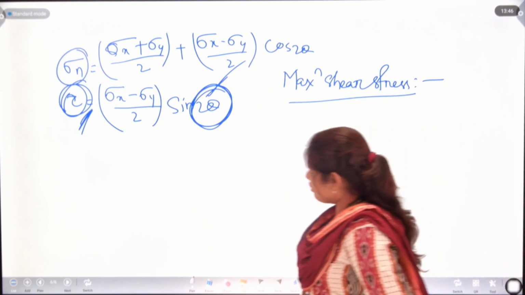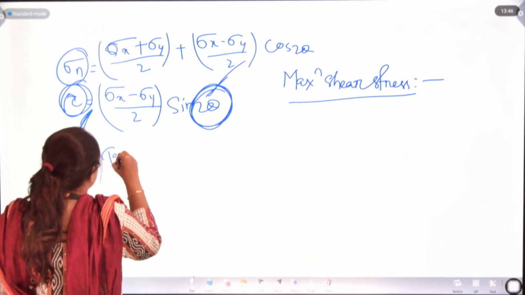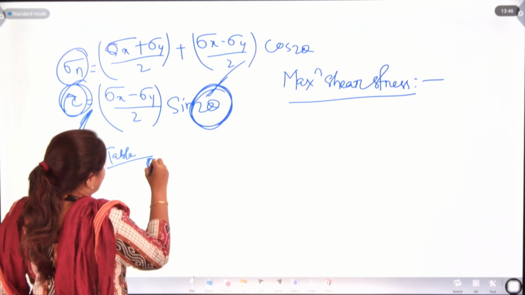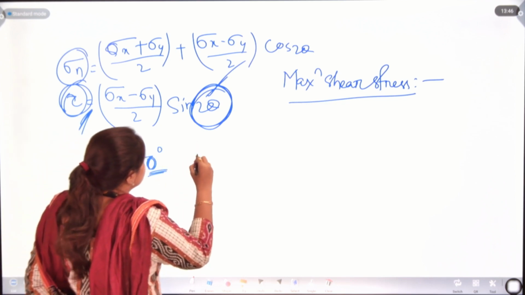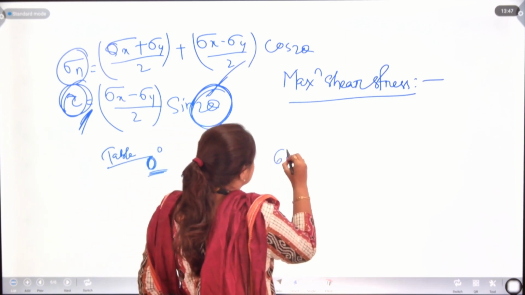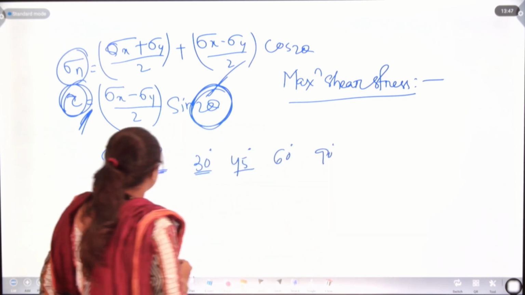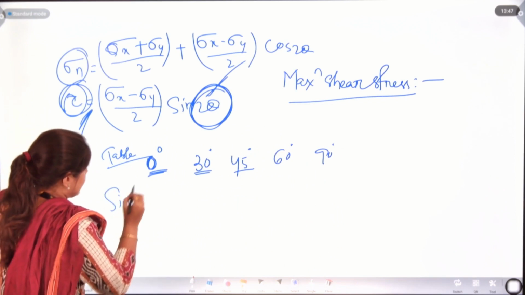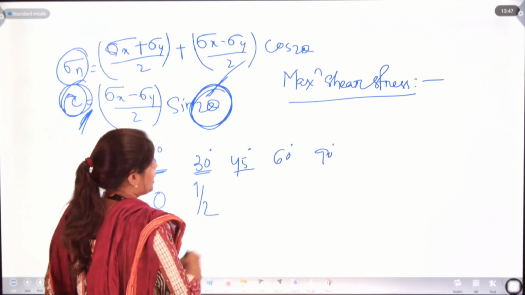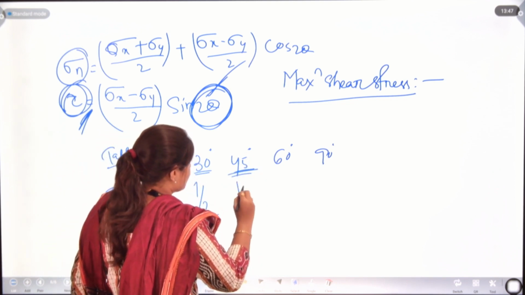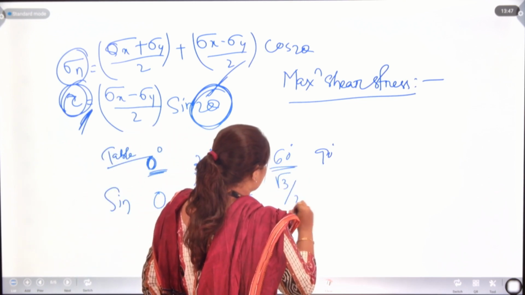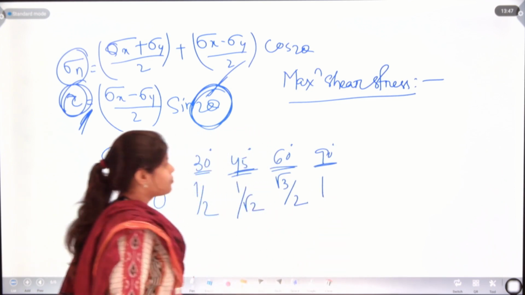So in our sin cos table, if you have not remembered the values of sin 0 degree, 30 degree, 45 degree, 60 degree and 90 degree: sin 0 is 0, sin 30 is 1 by 2, sin 45 is 1 by root 2, sin 60 is root 3 upon 2, sin 90 is 1.